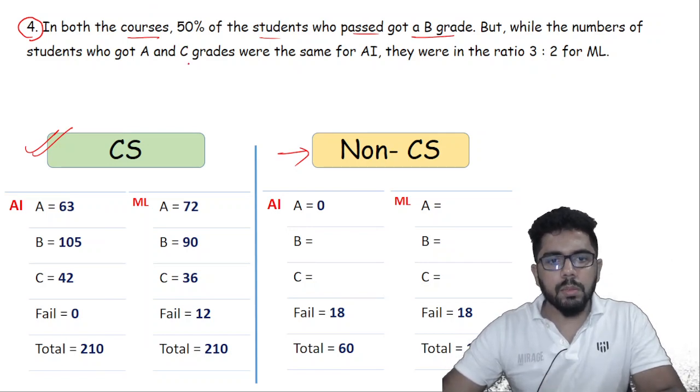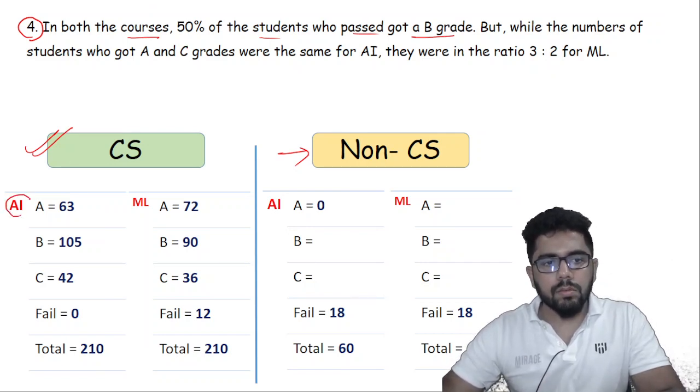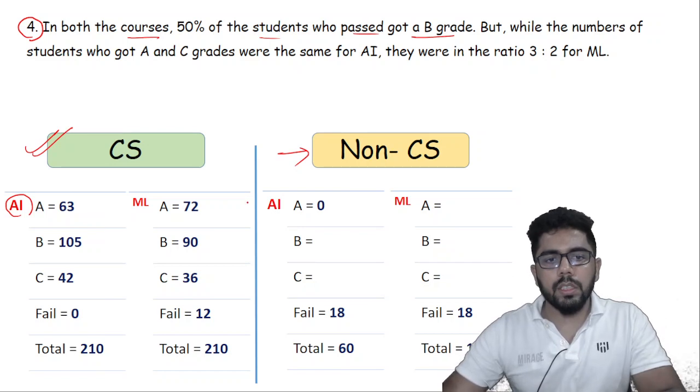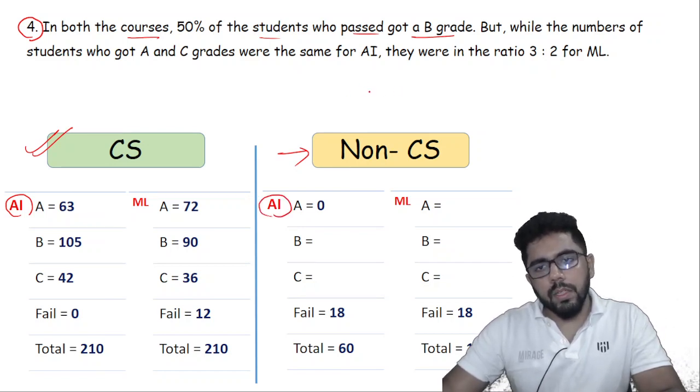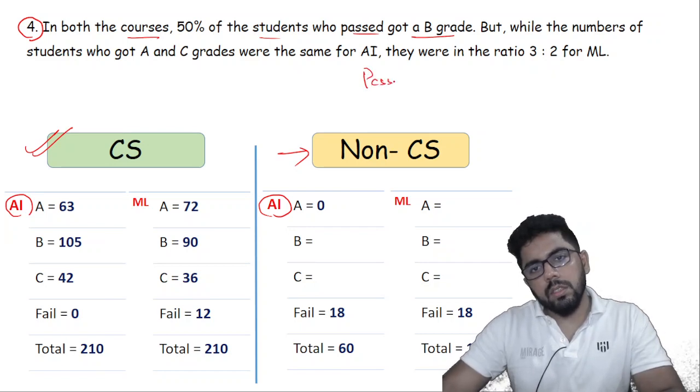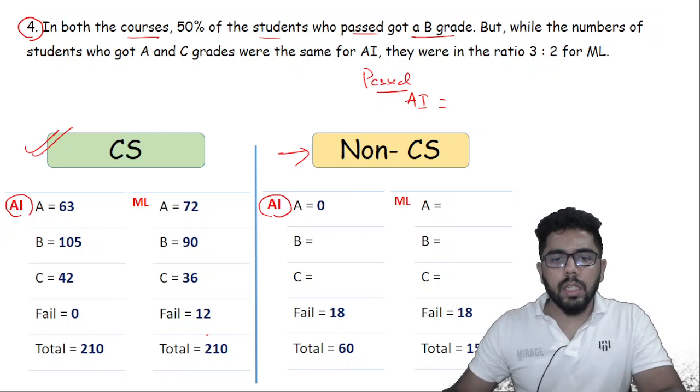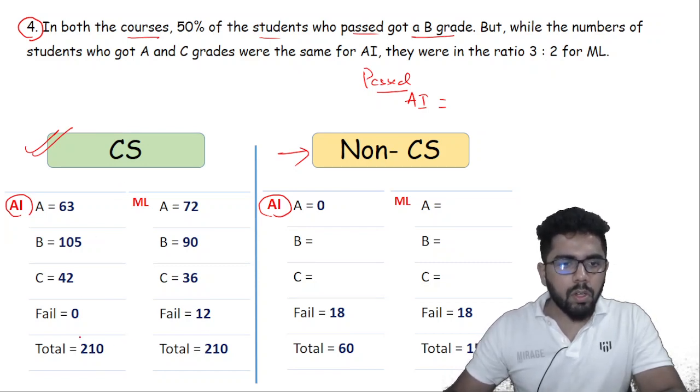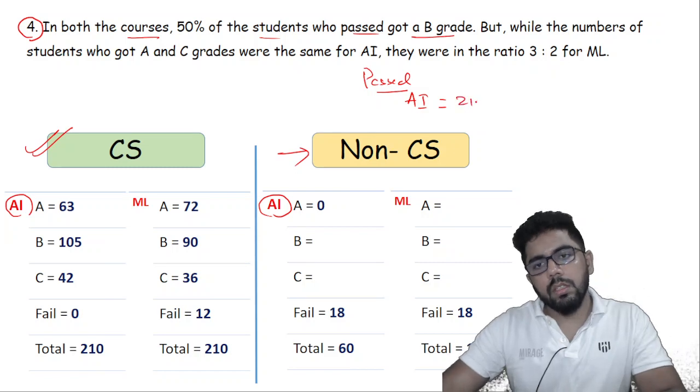Suppose for an example, I'll take AI. How many students passed in AI? In the CS department, all the students passed, 210.